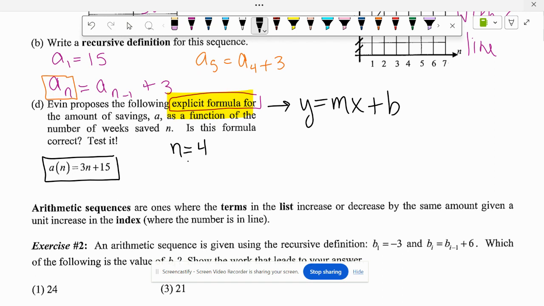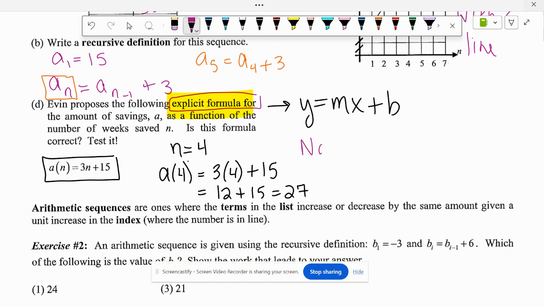So if we let n equal 4, that means a of 4 equals 3 times 4 plus 15. But 12 plus 15 is 27. And how much money did she have saved in week 4? She had 24. So is this the correct formula? No. So this is not correct.